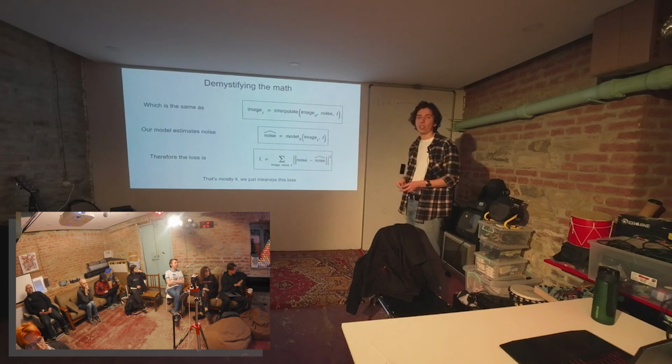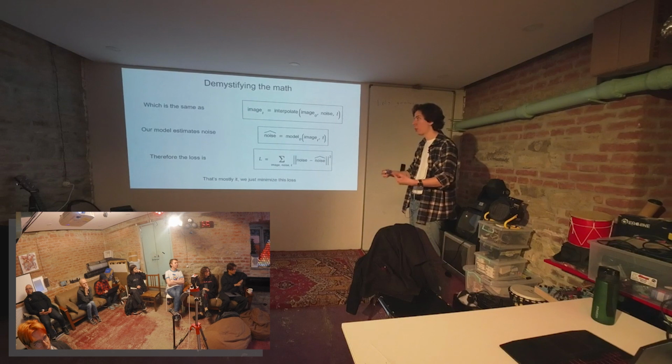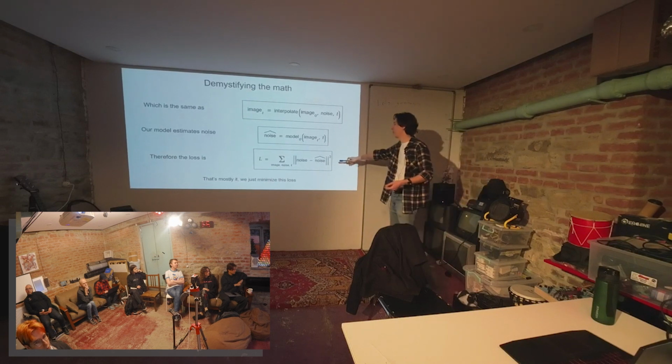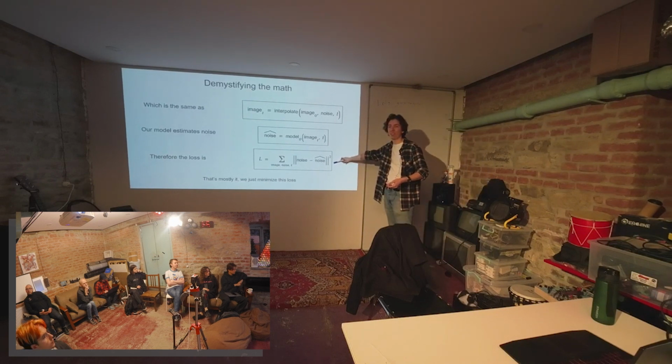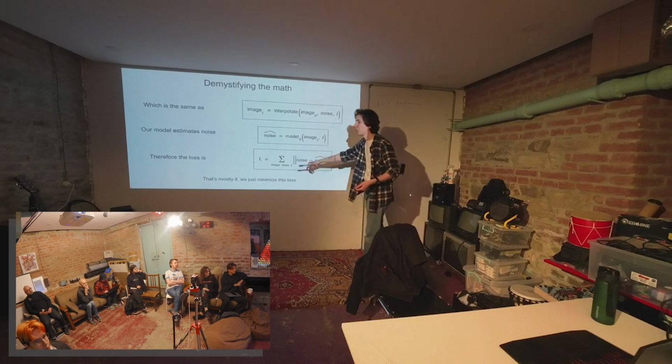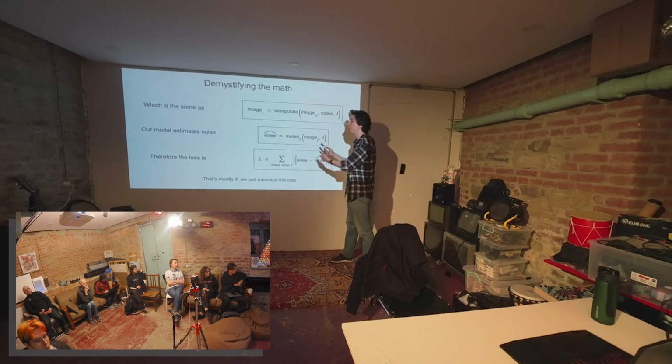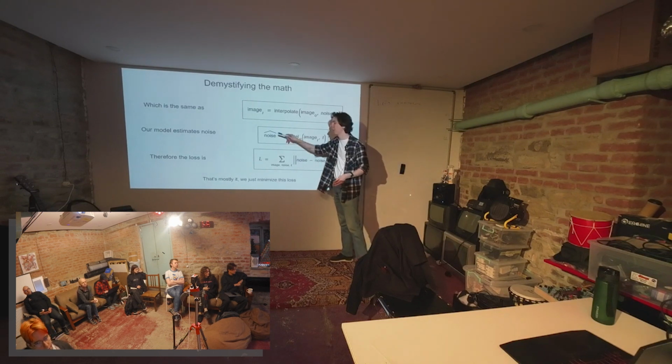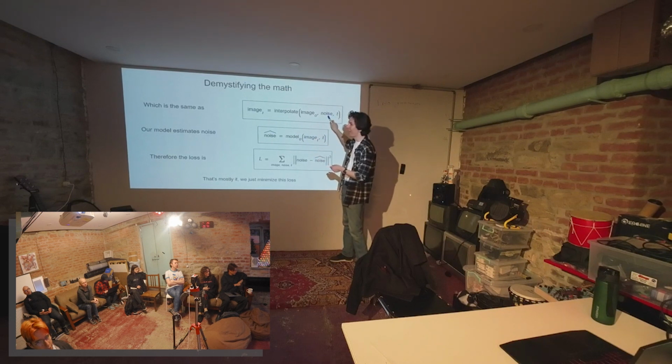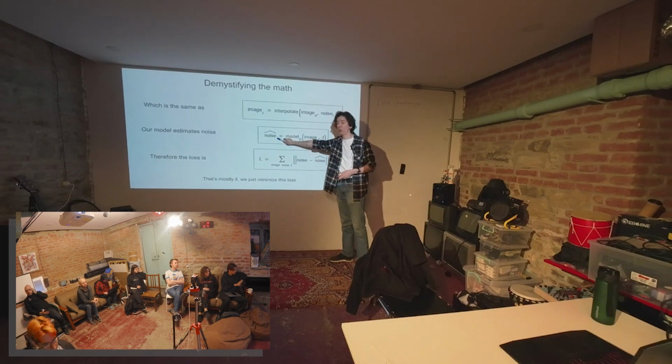Sorry, I didn't ask, are you familiar with neural networks? Should I describe what this loss function does? So we defined it, and this is what we want to minimize. If our model is very good at estimating noise, this hat is usually the notation for an estimation. There's the true noise that we added, and there's this estimation of the noise.